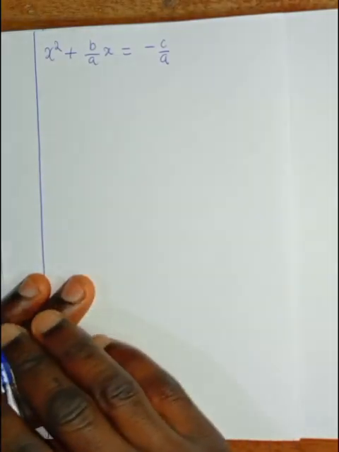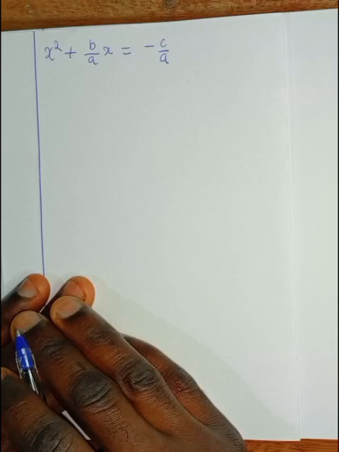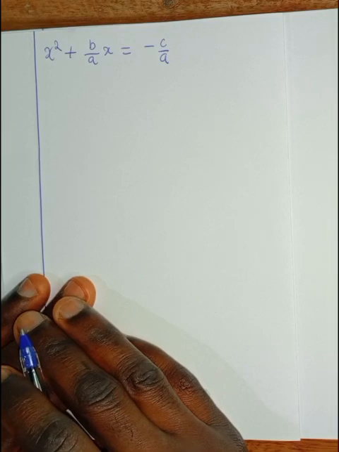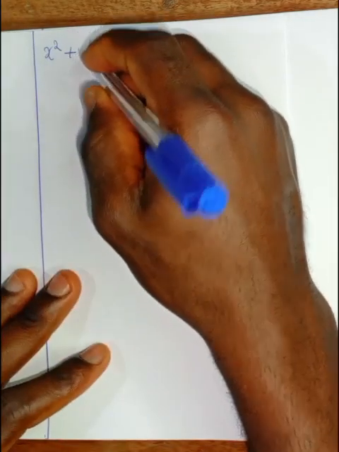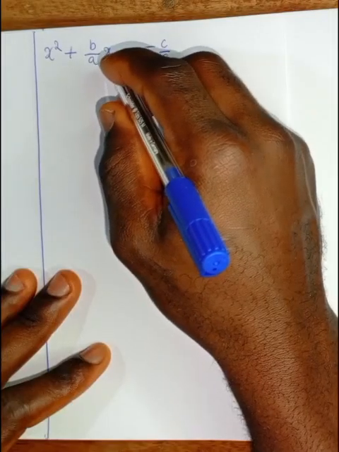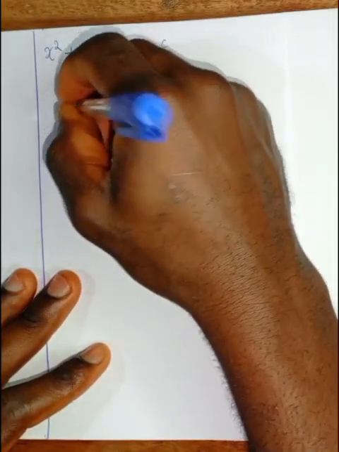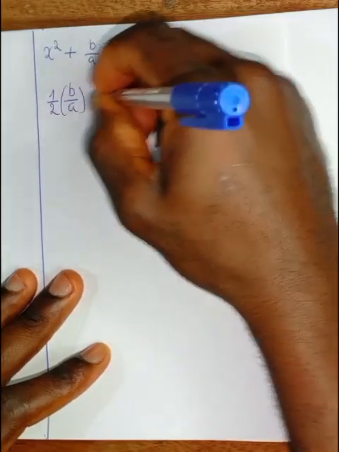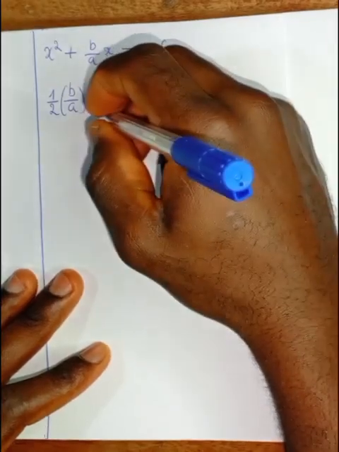Then the next step, we are going to add half the coefficient of x, all that squared, at the left hand side and at the right hand side. You will see that the coefficient of x is simply b over a. If we take a half of it, it is simply equal to b over 2a.